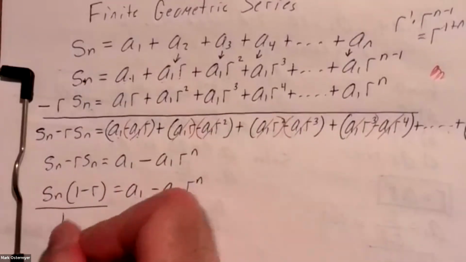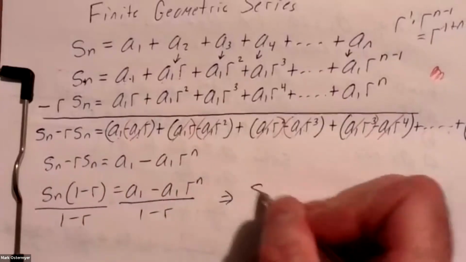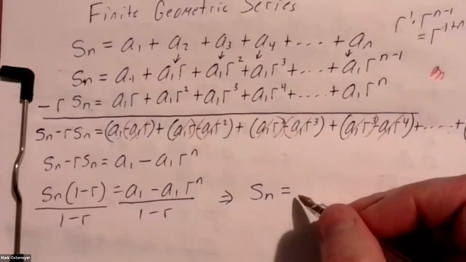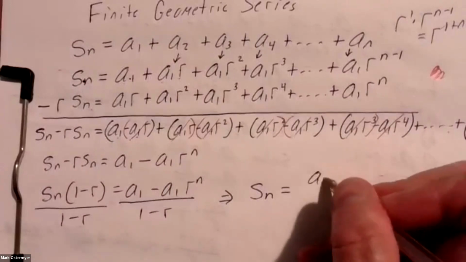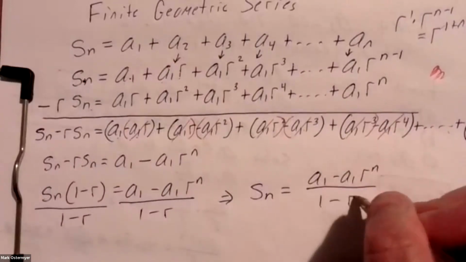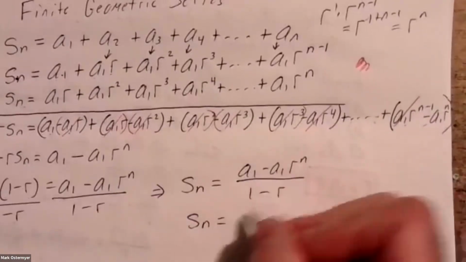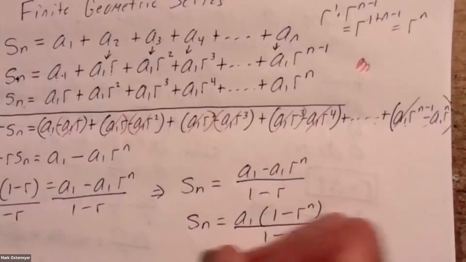I can now divide both sides by 1 minus r, and I develop a very interesting formula here. The sum of the first n terms of a finite geometric sequence is going to be equal to this right here. By the way, I could also factor out a sub 1 out of both these terms here, leaving behind 1 minus r to the nth power divided by 1 minus r.